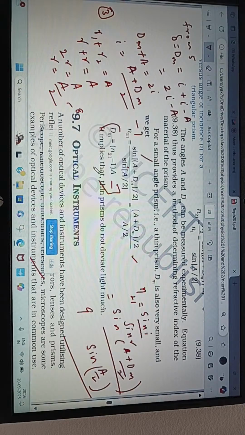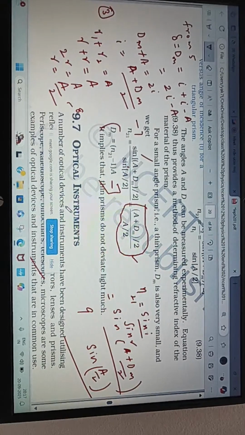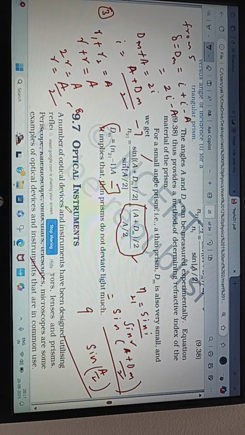That's all, correct. But did you understand this step which I am talking about? Tell me why the sine is eliminated. Because for a very small angle, sin theta is equal to theta. Very good.